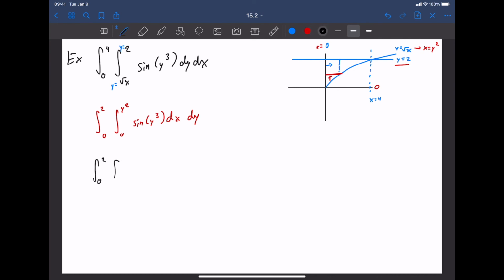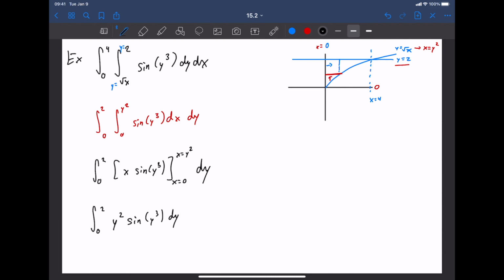The reason this is better is because now this just becomes a constant. X equals 0 to x equals y squared. And so we can do our first integral, and that gives us hope, because when I plug in that x, I get y squared sine of y cubed, which is a much more doable integral.